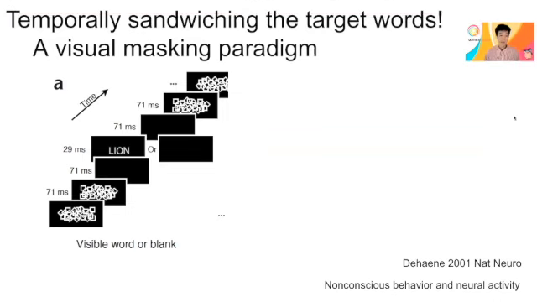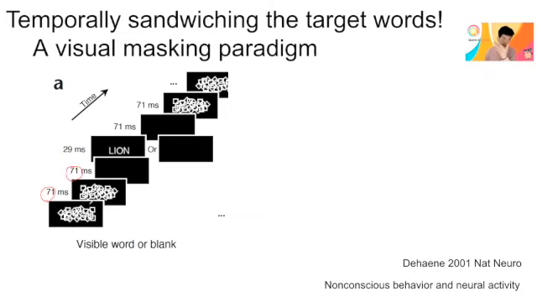What he did was use so-called sandwich masking. Here, time goes from bottom to top. Initially, what you'll see is a jumble of things for 71 milliseconds. This is shown on the screen, and then for another 71 milliseconds you see a different jumble.